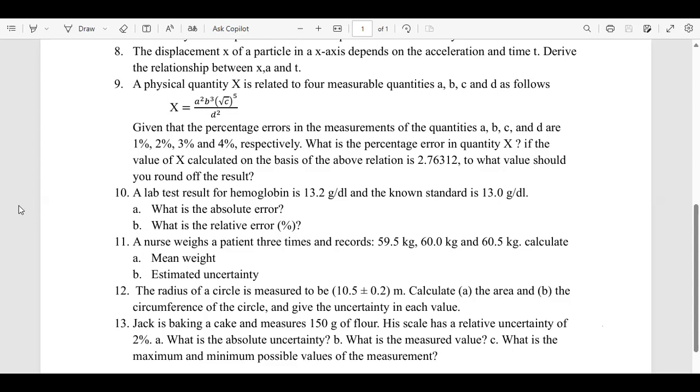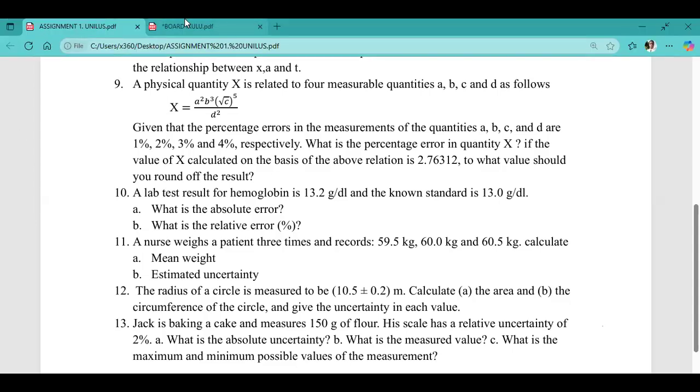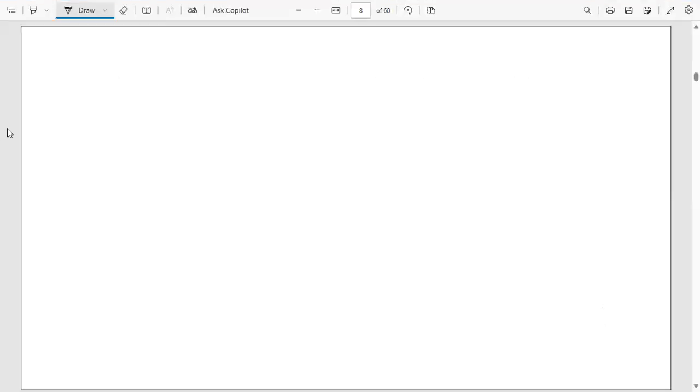In short, I can just give you that equation, and if you write it, no one should mark you wrong, because it gives the relationship between acceleration, displacement, and time. I'm just not going the calculus way, where we differentiate then integrate everything to come up with the equation. We can just go straight to the point. So this is question 8.